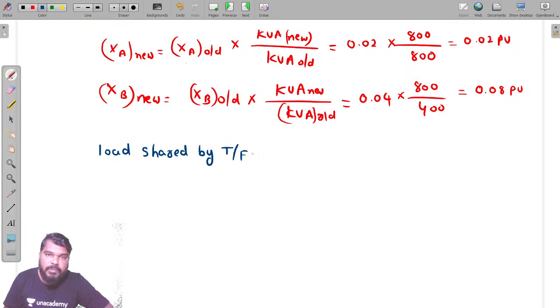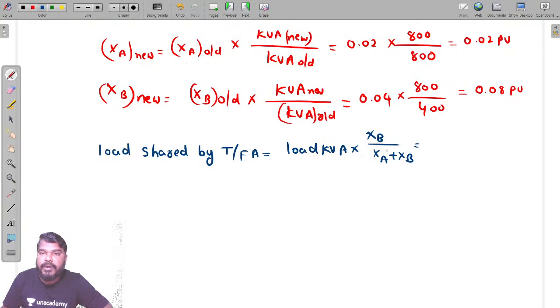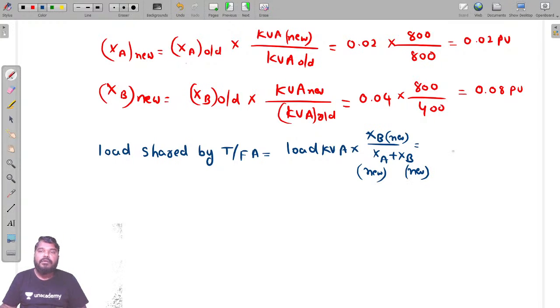Now find the load shared by transformer A. That is equal to the load kVA into XB new divided by XA new plus XB new. Use the new values only, don't take old values. XB new is 0.08.